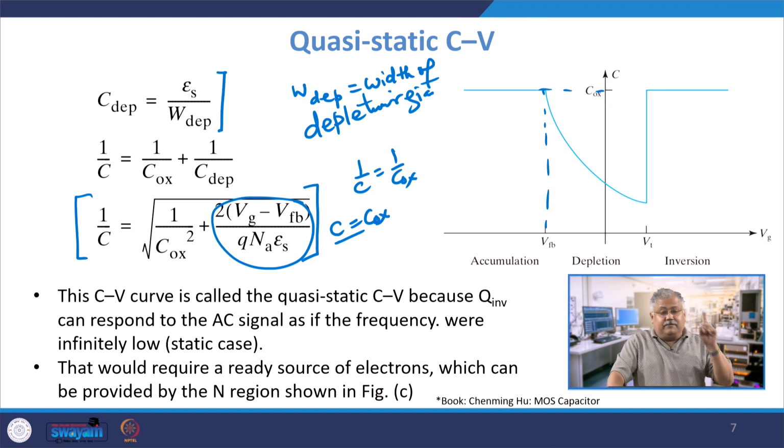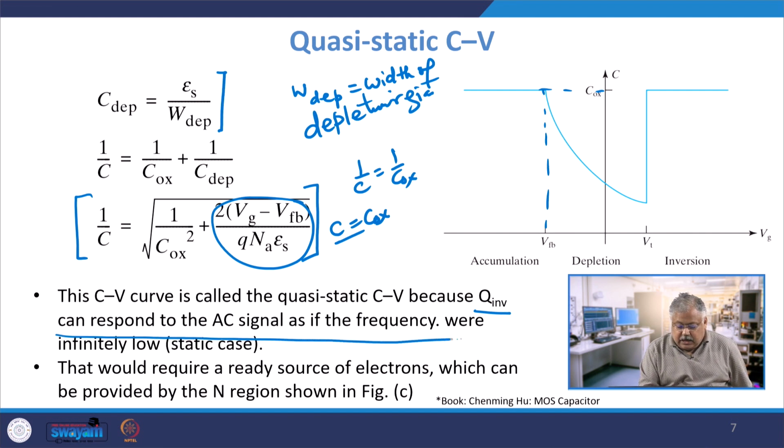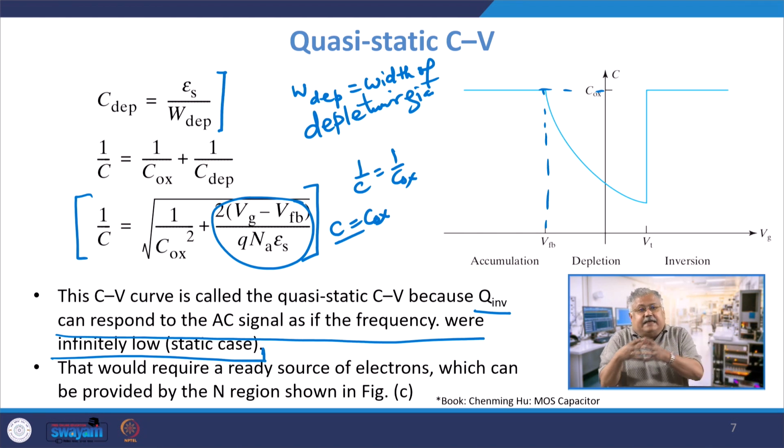Why? Because the inversion charge, Q inversion, can respond to the AC signal if the frequency is infinitesimally low, almost like a static case, and that is the reason it is known as quasi-static. It is almost like giving a DC bias, and the DC bias is changing by a small delta amount as time proceeds, and all the electrons or holes, whichever are the majority carriers, are able to respond to the change.